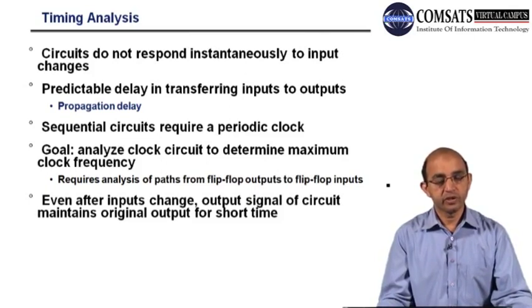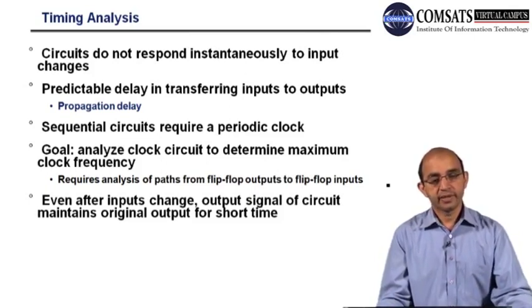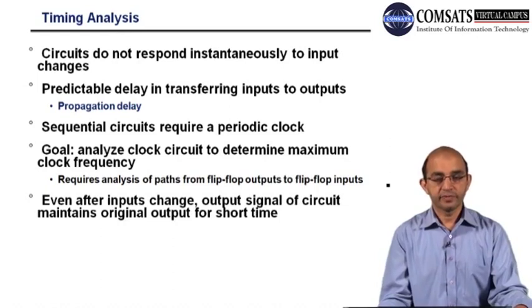Then we talked about the contamination delay, that is when we apply input, and there is a certain time span where the output starts changing, but has not changed totally. That time span is called the contamination delay.